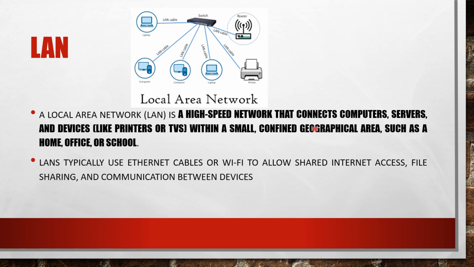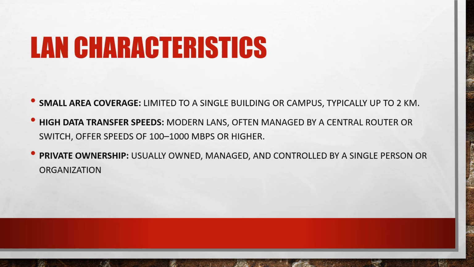So it is a high-speed network that connects these devices, and the common components used for this kind of LAN are either wired or wireless. The characteristic of LAN is that it is limited to a single building or a campus within 2 kilometers.